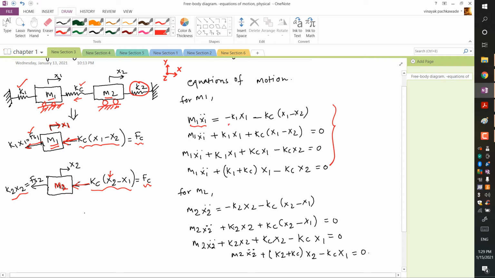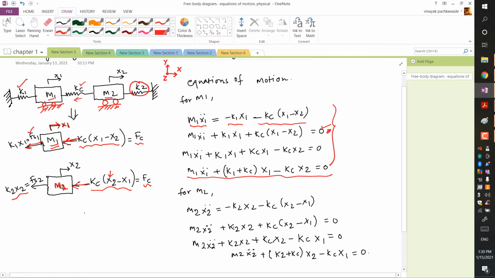That's why there is a negative sign for both of these forces: minus k1 x1 minus kc times (x1 minus x2) in brackets. We can simplify these two expressions and equate them to 0. This is the external force that we don't have in action, that's why it's 0. Otherwise, if there were an external force, we would have to write it over here. Further simplifying this expression, we get plus kc x1 minus kc x2 and (k1 plus kc) x1 minus kc x2. Okay, so this is the final expression that we get.